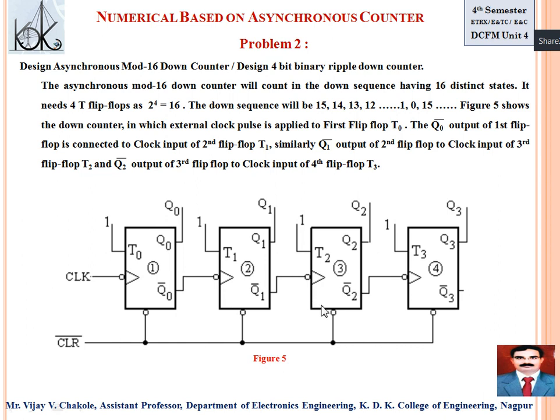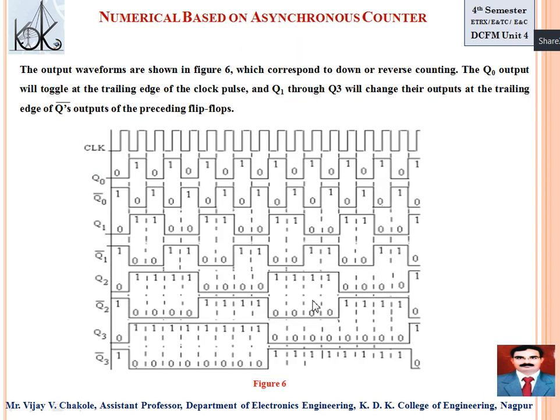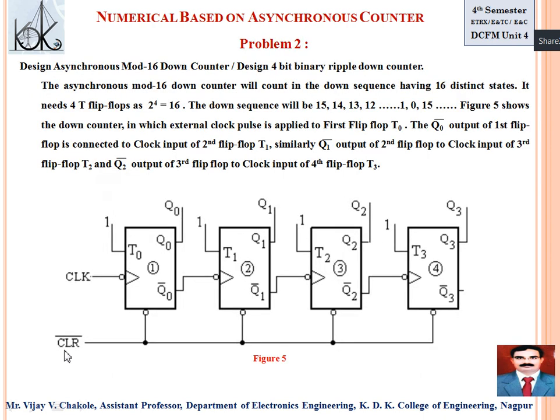Now we are seeing here the waveforms. Initially all the flip-flops are reset. So initially we activate the clear terminal. Due to this clear terminal, all the outputs Q3, Q2, Q1, Q0 are 0, 0, 0, 0. Now these two outputs, primary and secondary, Q and Q bar, are complements of each other.